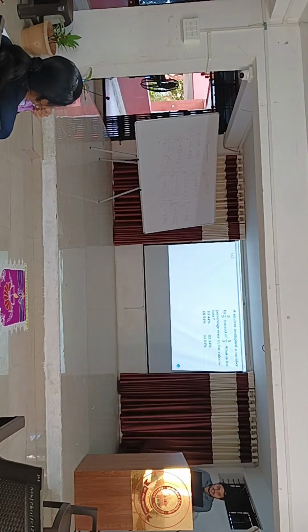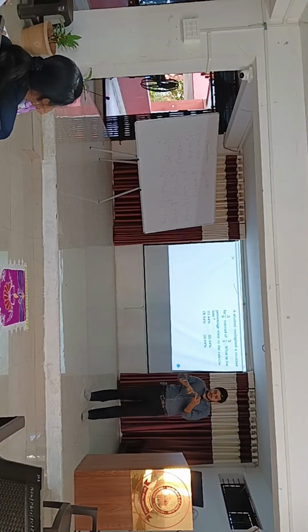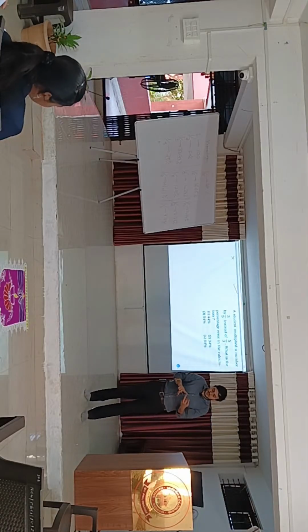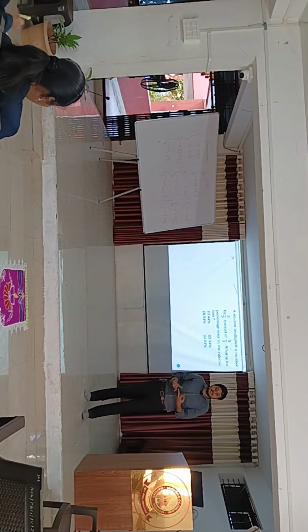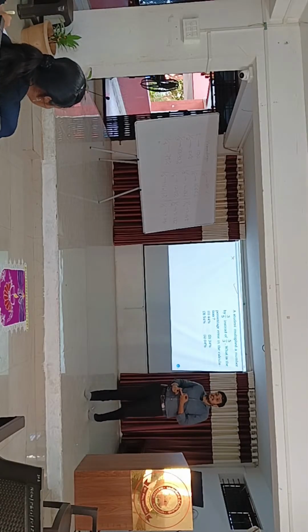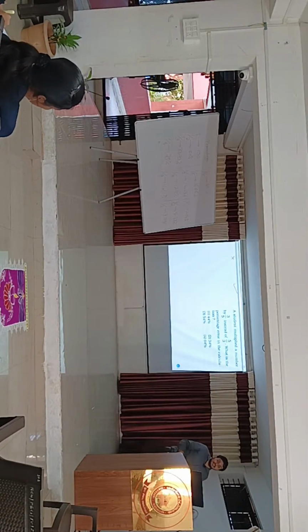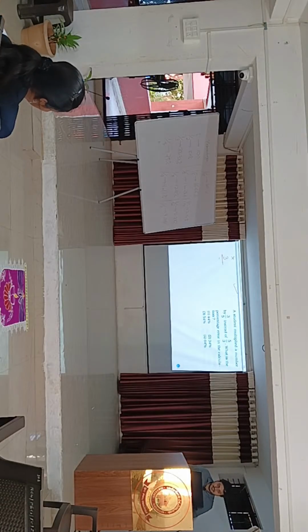There is some wrong value, there is some correct value. Correct? There are two things. First one is wrong, second one is correct. What is the wrong value over here? 3 by 5. The wrong value is 3 by 5. The correct value is 5 by 3.